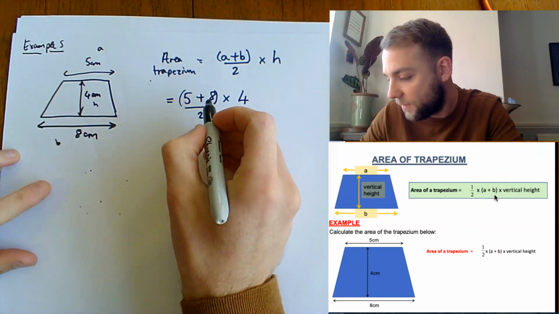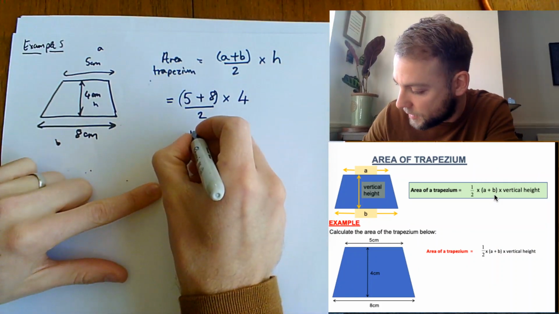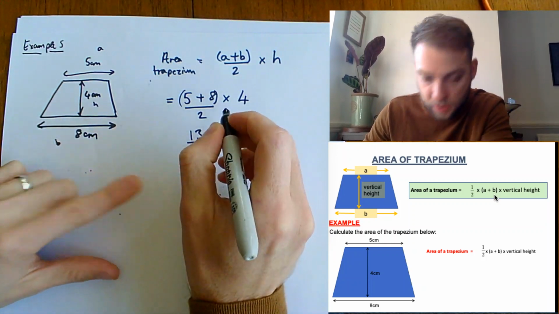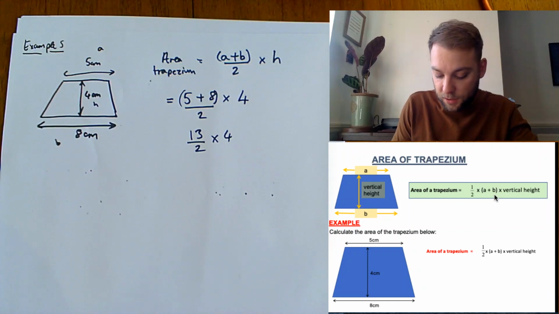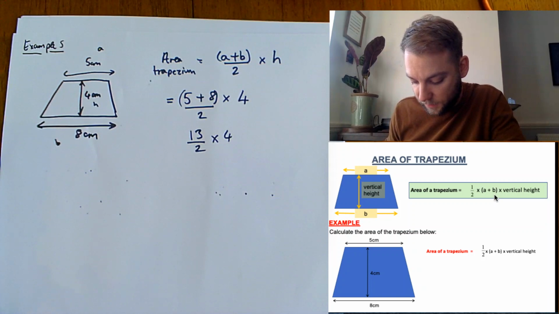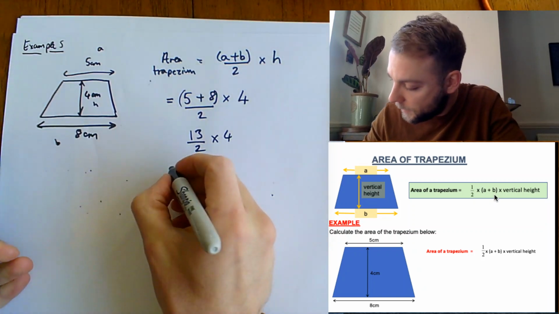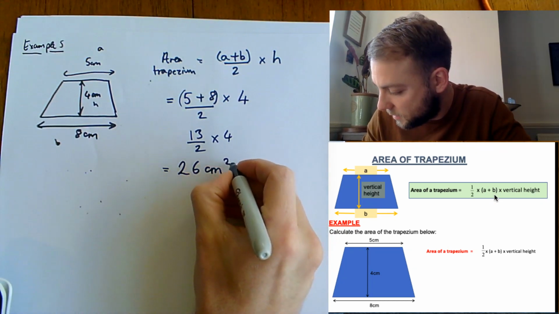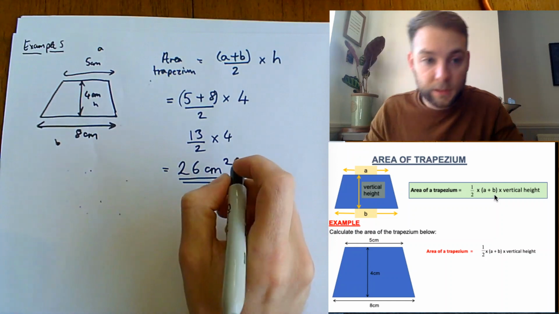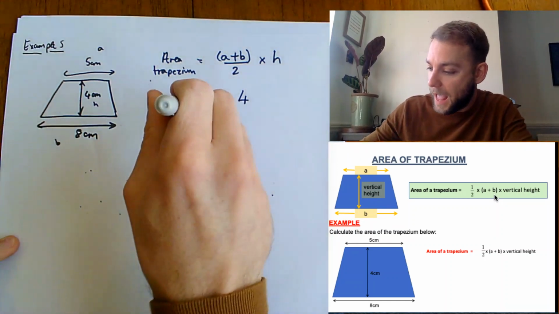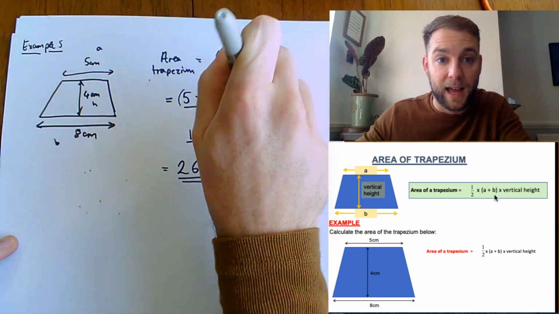So let's do this. 5 plus 8 is equal to 13, divided by 2 times by 4. So 13 divided by 2, you can do this on your calculator now. You could do all this on your calculator, to be honest. So 13 divided by 2 times by 4 is equal to 26 centimetres squared. So that's example 5 in your book. So A plus B divided by 2 times by H.